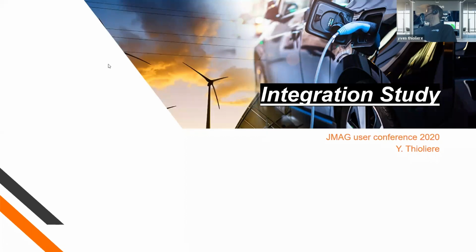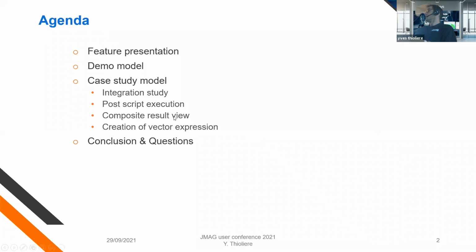So today I will introduce the new feature of JMAG v20.2. This new feature is the integration study. This is the agenda of the presentation. I will explain quickly the feature, the advantage, and the aim of this new feature. I have a quite simple demo model to illustrate what this integration study is, and then a more complicated model, though not so complicated, of course.